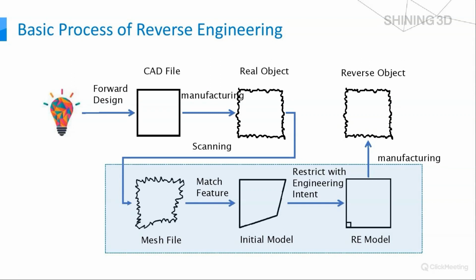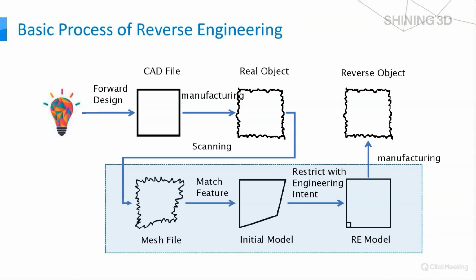Then comes the reverse engineering part. You see here on the screen, we have this blue box, which means the inside is the reverse engineering process, okay? So it all starts with scanning. Or, in other cases, it might be measuring with calipers or other tools. So after scanning, what you get is a mesh file, all right?